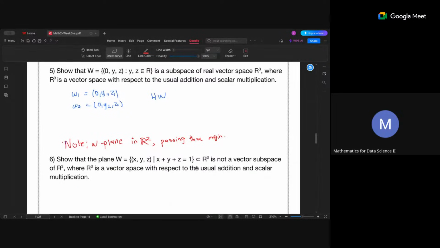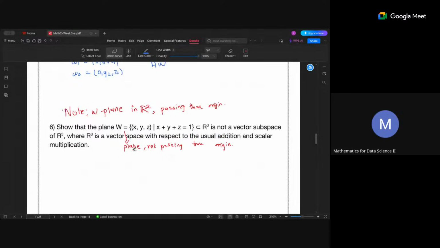Now what about this W? This is also a plane, but not a subspace, because it is not passing through the origin. Okay, so this is the hint we need to take: if it is in R2, whether the line is passing through the origin or not, and if it is R3, whether the plane is passing through the origin or not.